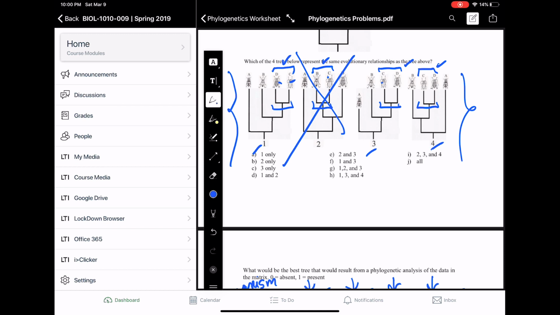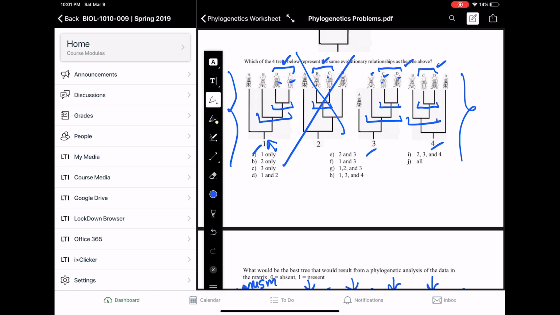And then we move on to the next group, right? So we have 3 organisms, and we have B, C, and D, right? For number 3, and then we look at 4, and it has B, C, and D. And then we look at number 1, we see B, C, and D. So these trees could be the same.